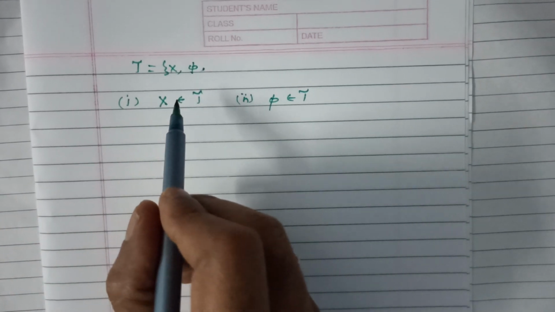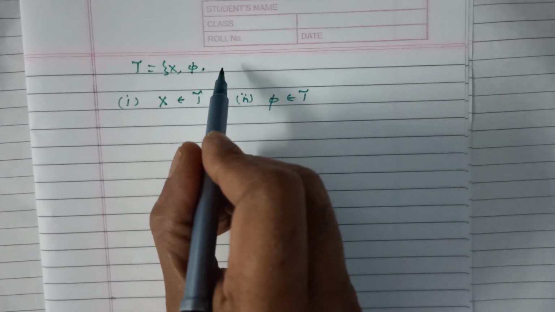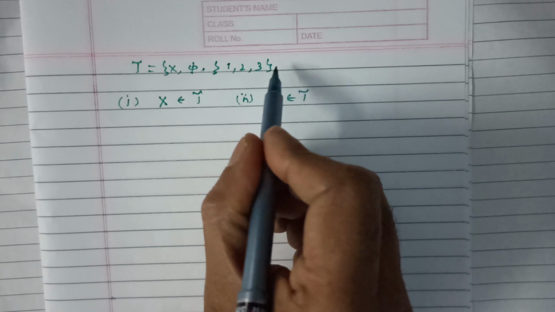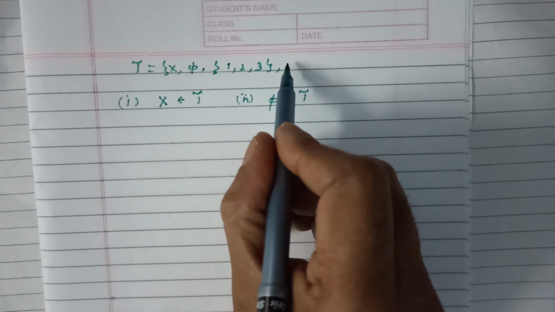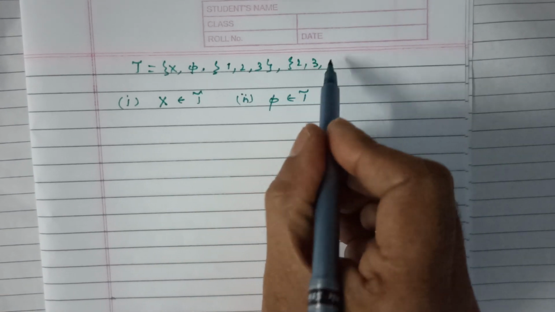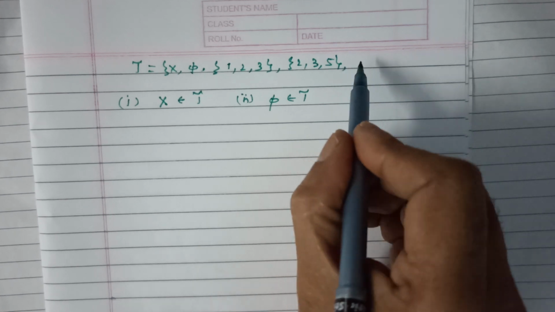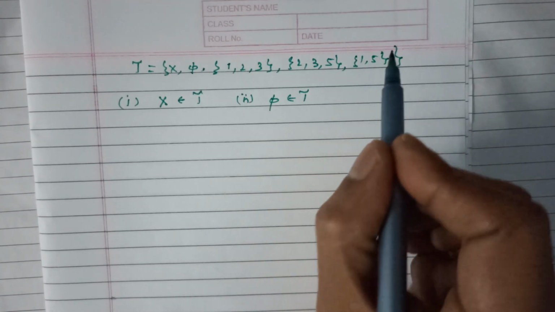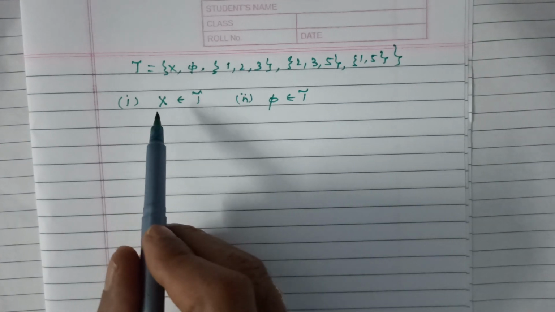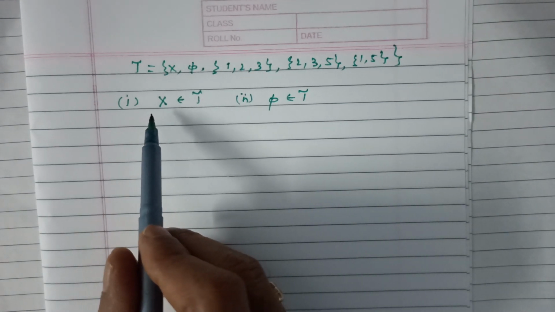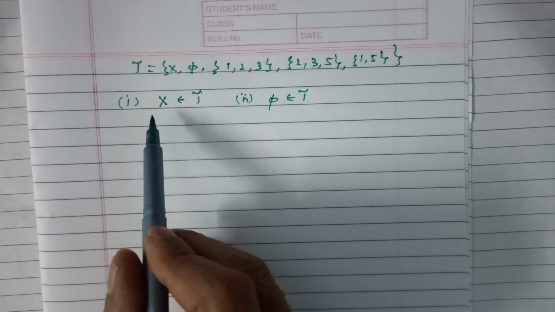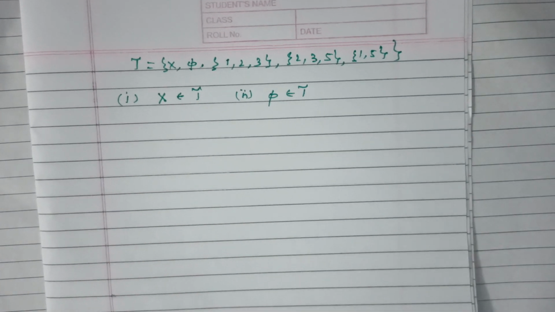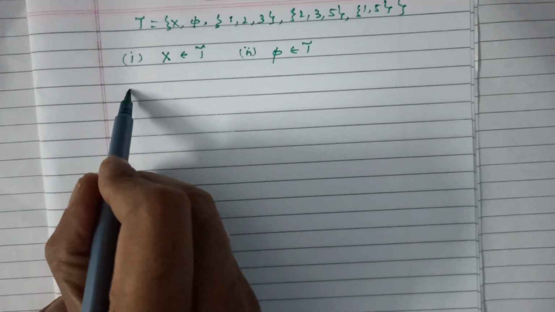X, phi, {1, 2, 3}, {2, 3, 5}, {1, 5}: these are all the elements of tau. So the first condition to show that the topology, X belongs to tau, is true. Phi belongs to tau. Next, third condition, unions.